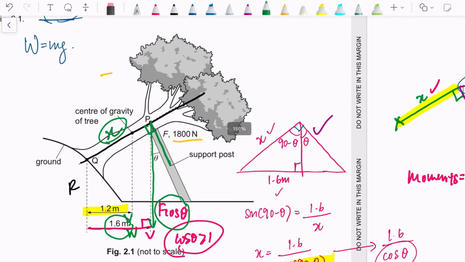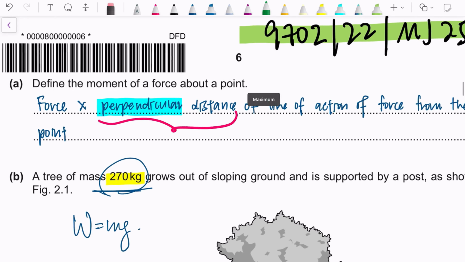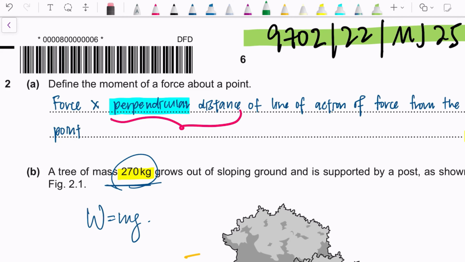A different way to look at it is, you go back to your main definition. They said here, the force is multiplied by the perpendicular distance of line of action of force from the point. That is the definition of moment. Realize they did not write perpendicular force, they wrote perpendicular distance.